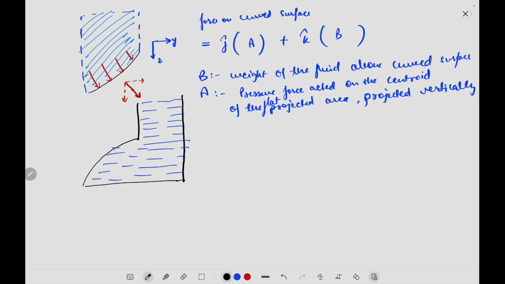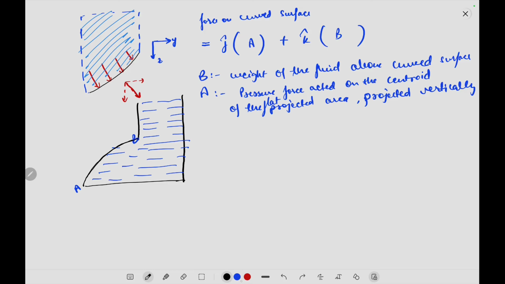Let's mark this as AB. Now you have been asked to find the force on the surface AB, just on the surface AB. In this case you may think, oh, there is no fluid on top of this surface, so the weight of the fluid should be 0 and this term would cancel out, but this is not the case.